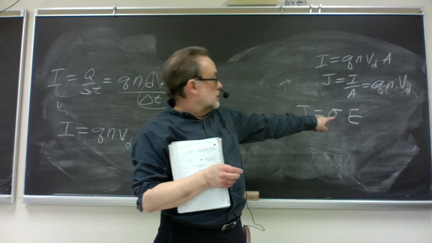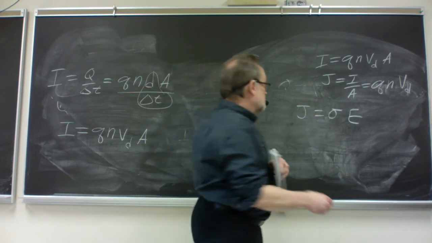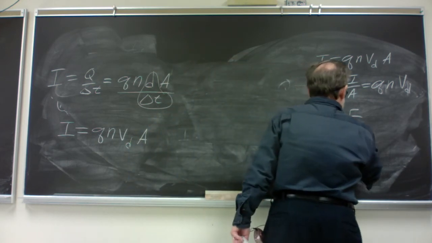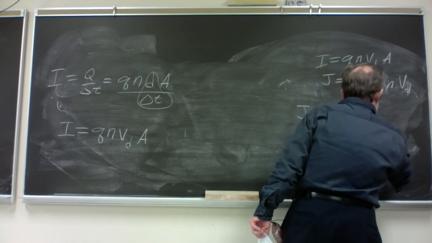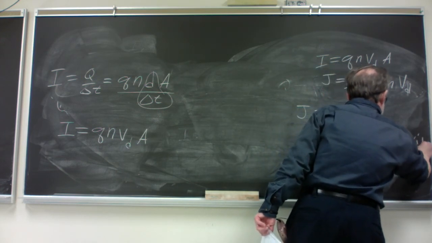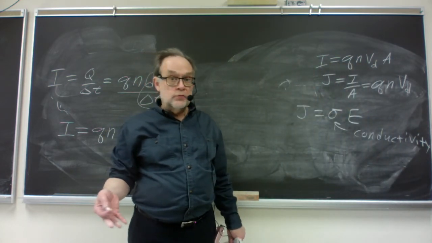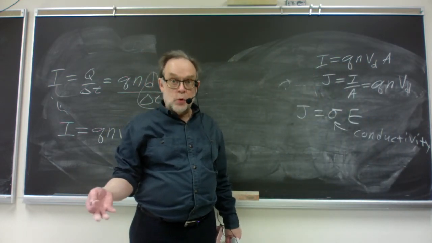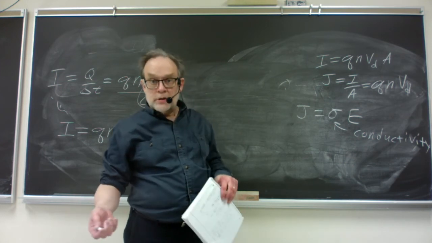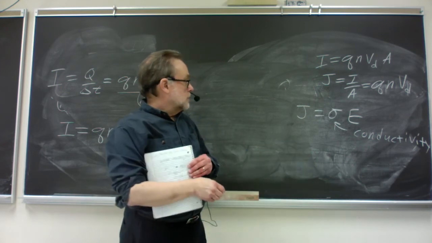We call this number the conductivity. Conductivity is just a property of the kind of material that wire is made of.